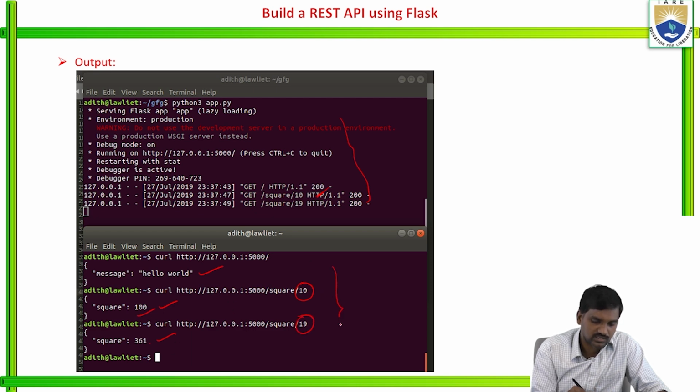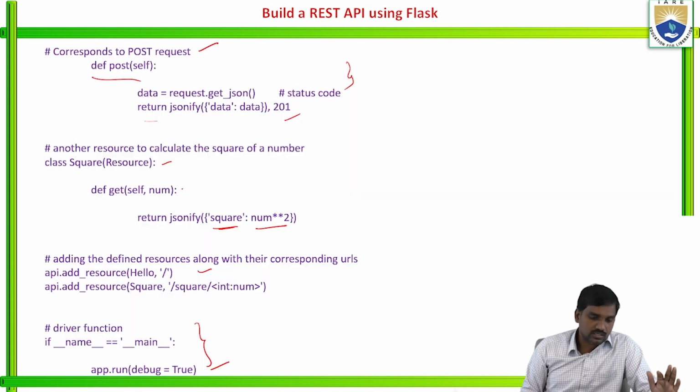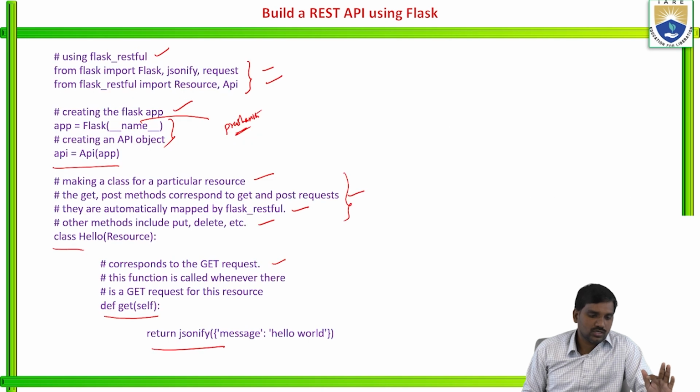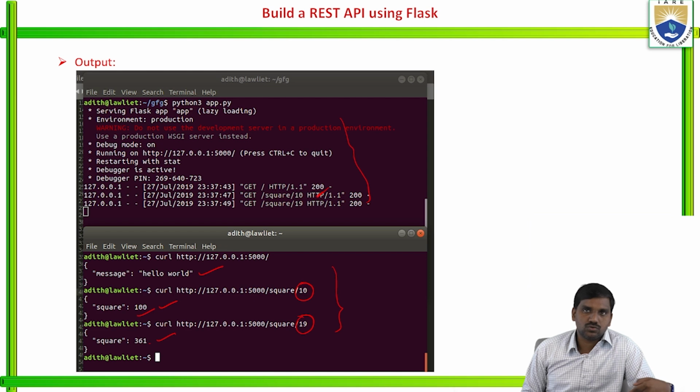So finally we got the output like this. This is the code for using Flask RESTful, starting with importing libraries and ending with the driver function. Whatever name is required, you can type here, and the output will show like this.